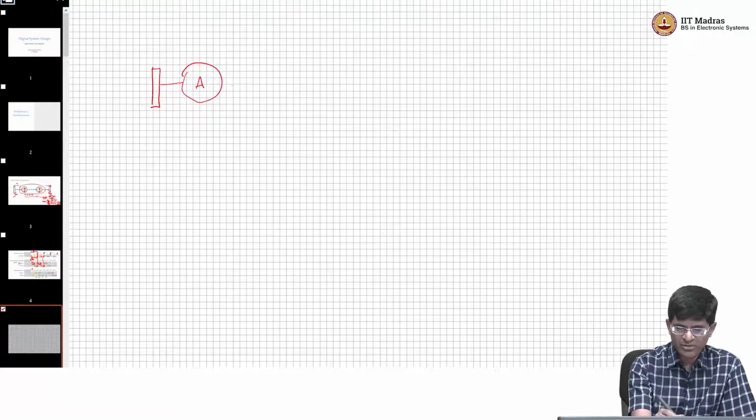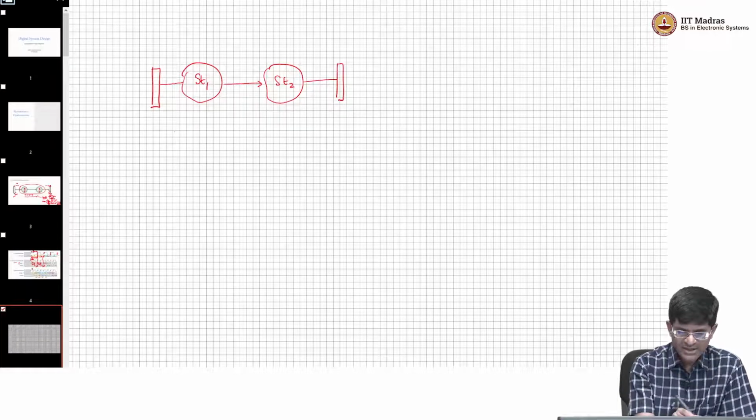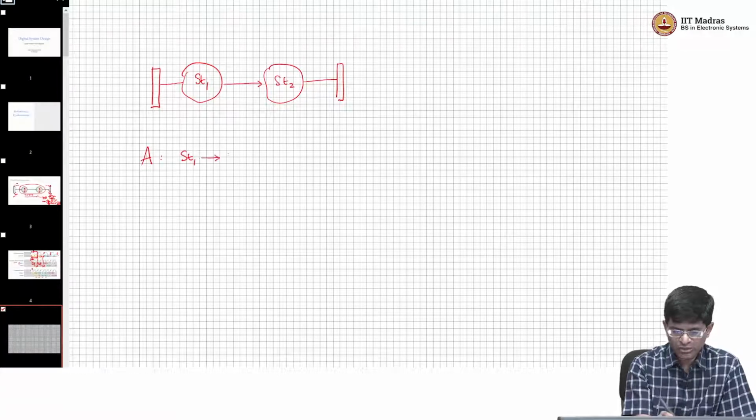What I have is a piece of logic, let me call it stage 1, and there is another stage 2, and finally there is another register at the other side. The computation that I expected for A first has to go through stage 1, the output of that has to go through stage 2, and this comes out as the output.